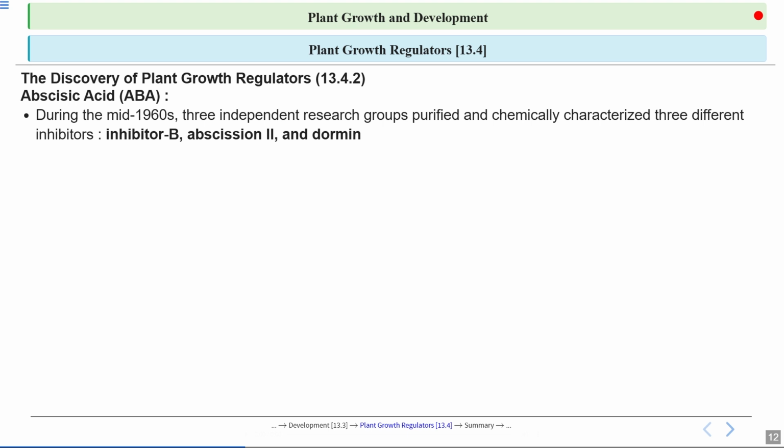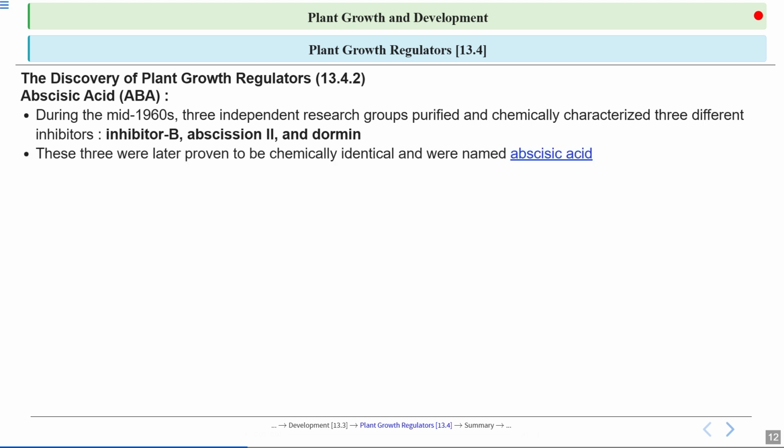Three different inhibitors. These three were later proven to be chemically identical and were named abscisic acid, right? When they tested all three chemicals, they found that they are identical, and they were named abscisic acid.